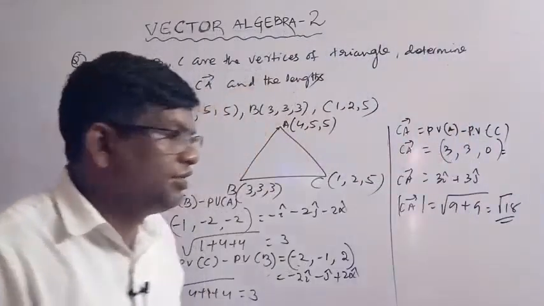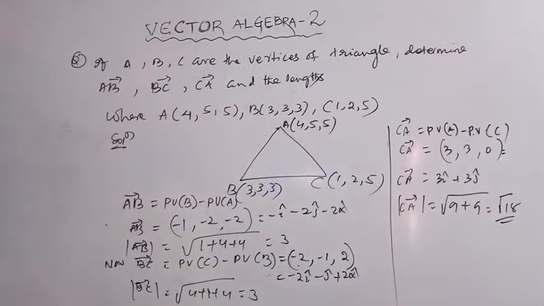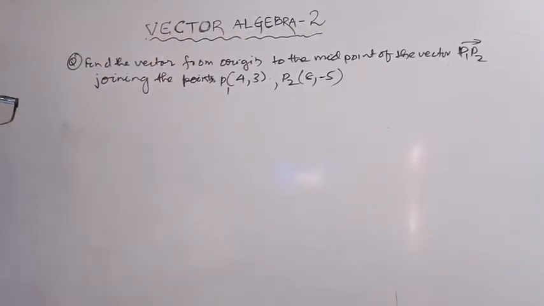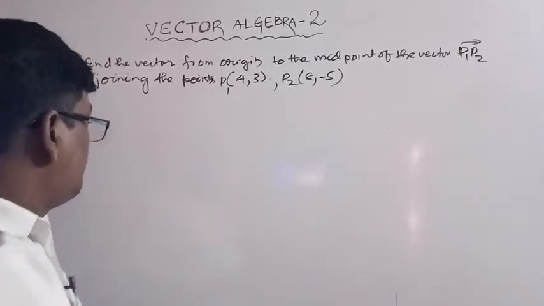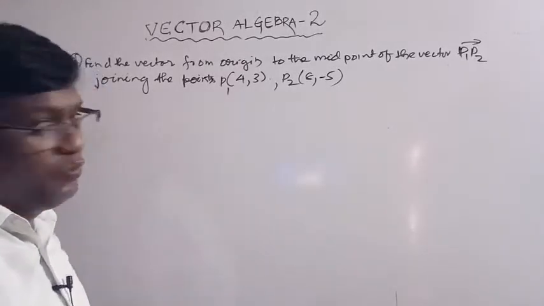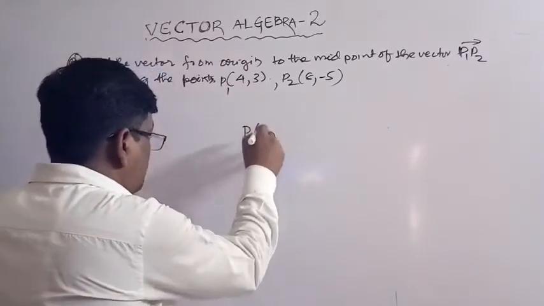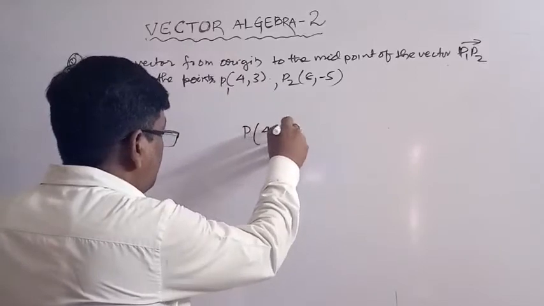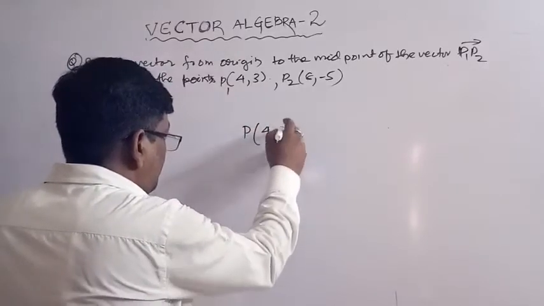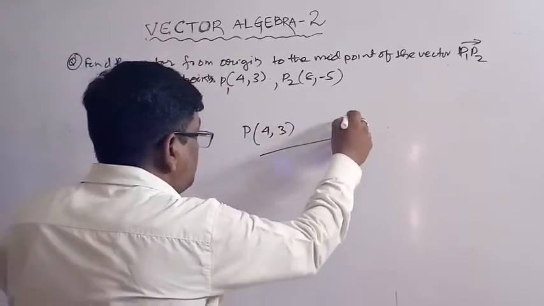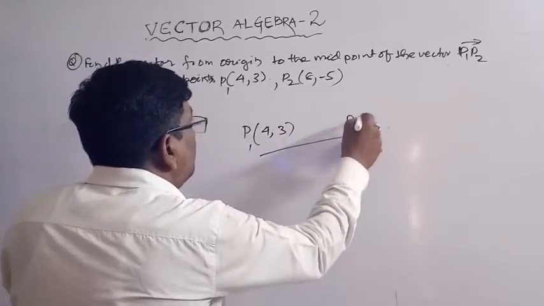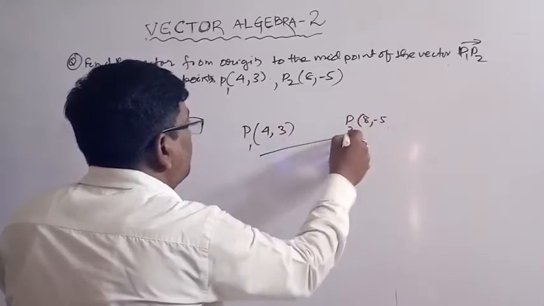And another question. Find the vector from origin to the midpoint of the vector P1P2 joining the points P1 of 4, 3 and P2 of 8, minus 5. Suppose this is P1 whose position vector is 4, 3, and this is P2, 8, minus 5.